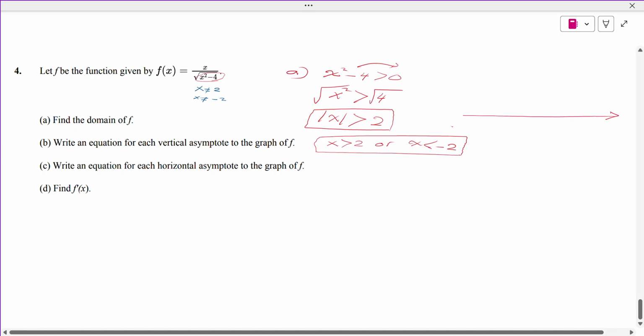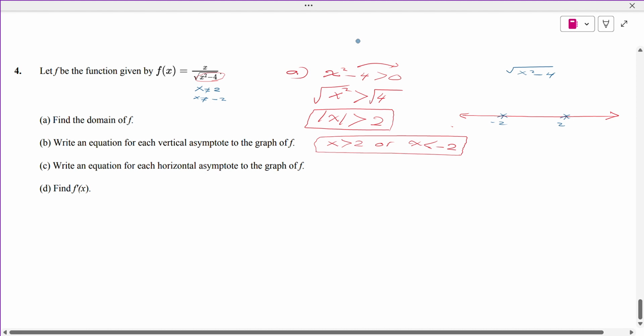Another way is by investigating the x-axis, or the number line. We have this number line, and we know that negative 2 and 2 are excluded. Now look at the denominator, square root of x squared minus 4. We need this amount under the square root to be positive.